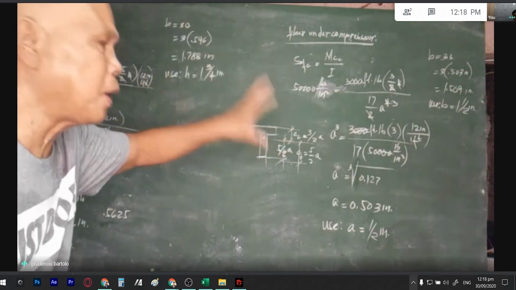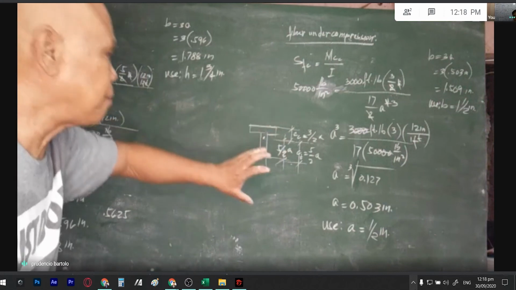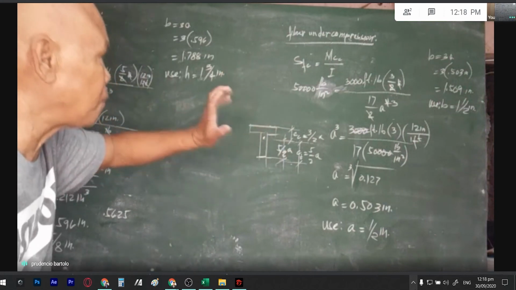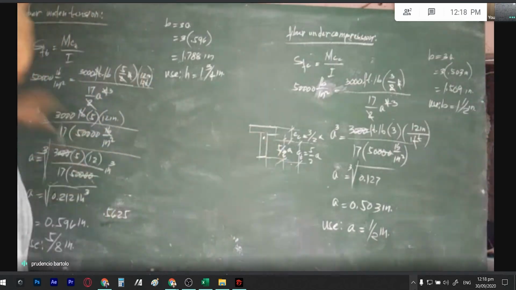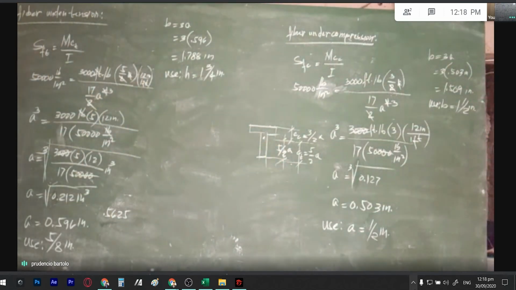So if we are going to use the dimension taken from the fiber under compression substituted to the fiber under tension, the C under tension will be smaller here. Or I mean the value of A.